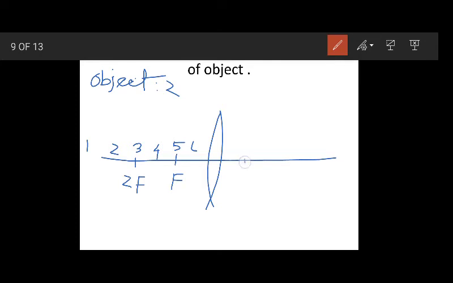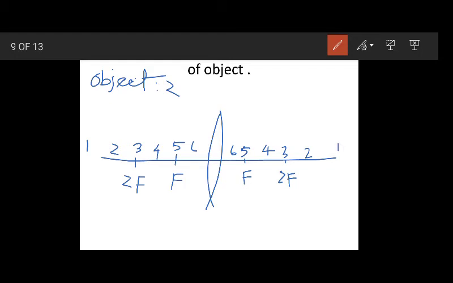This is F to F, F to F, and this is 6 position, 5, 4, 3, 2, 1 position.